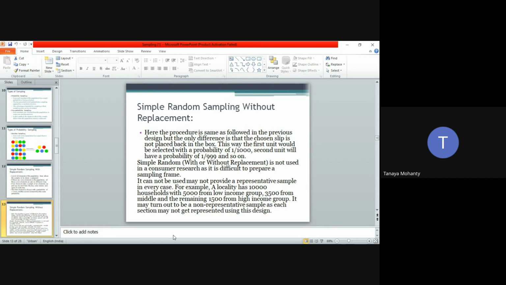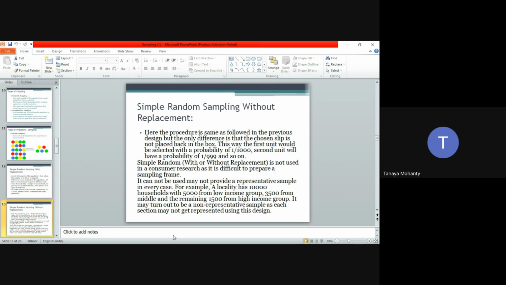For example, a locality has 10,000 households with 5,000 low income group, 3,500 middle, and the remaining 1,500 high income group. In such a scenario, I will try to use this lottery method with or without replacement to choose a sample of say 50. And I may not have a proper representation from each of the categories.